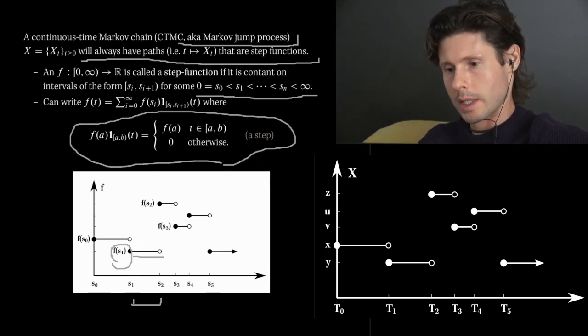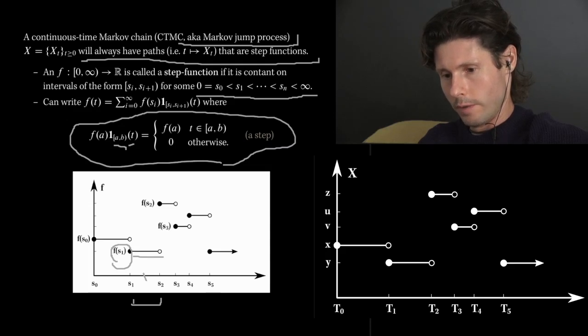They look like steps, and that's exactly what's being defined here. At any time t, we look at what interval is being indicated by the indicator. If A here is S1 and B is S2, then the value is again f(S1), and the indicator is going to put a 1 and a 0 otherwise.